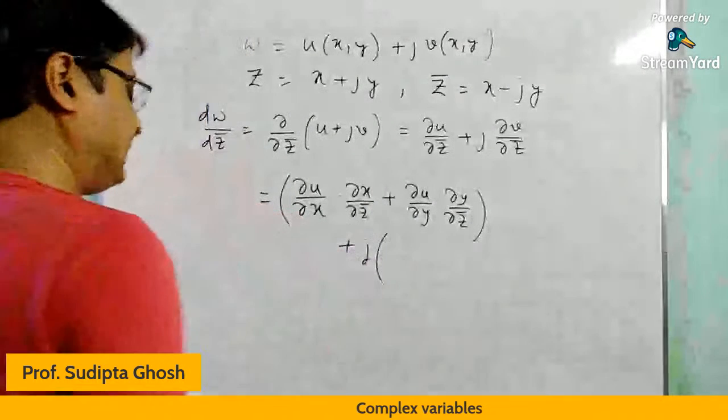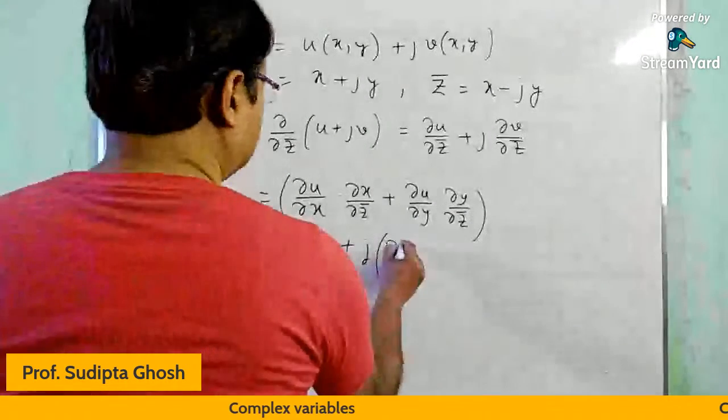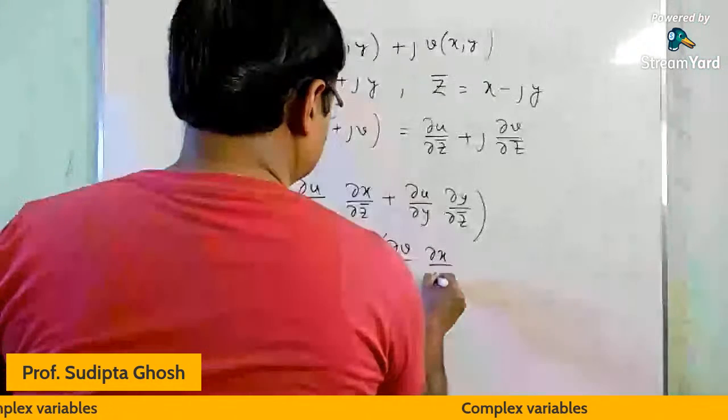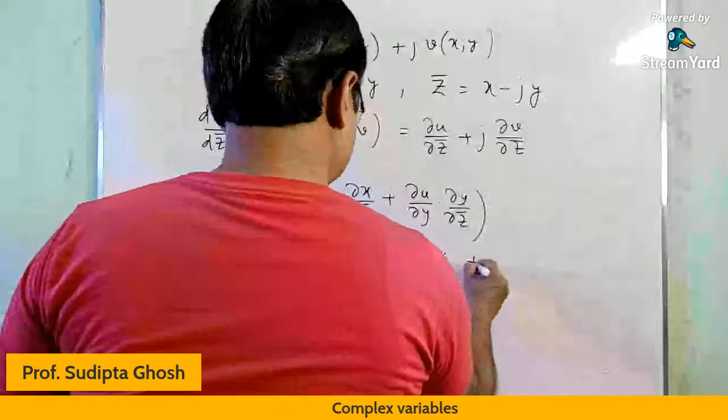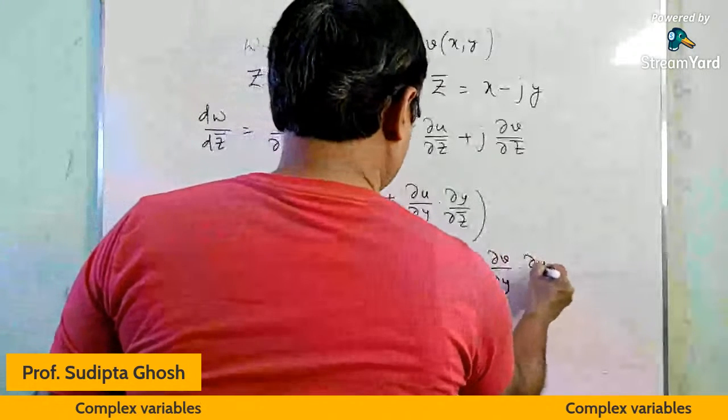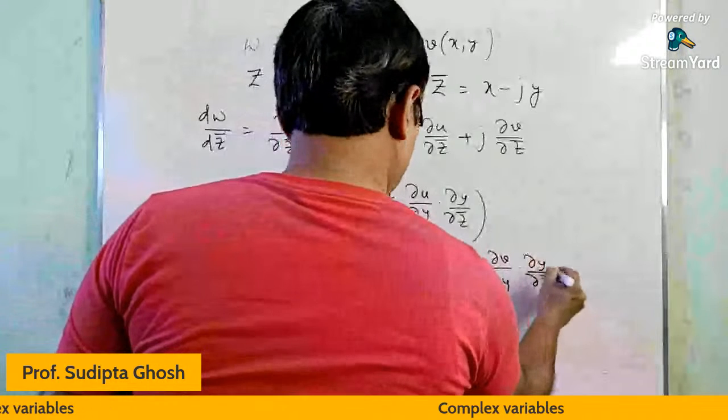And then writing ∂v/∂z prime as ∂v/∂x times ∂x/∂z prime plus ∂v/∂y times ∂y/∂z prime.